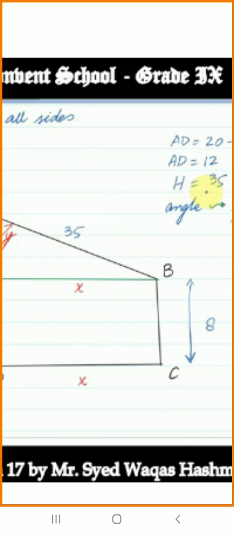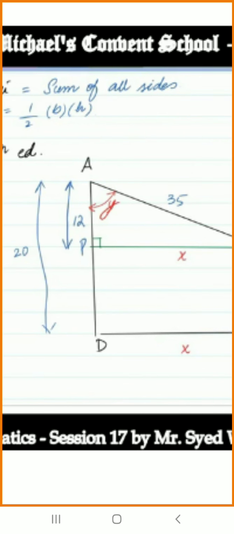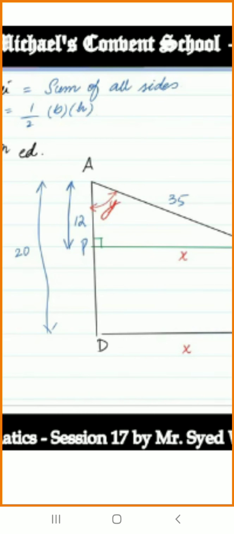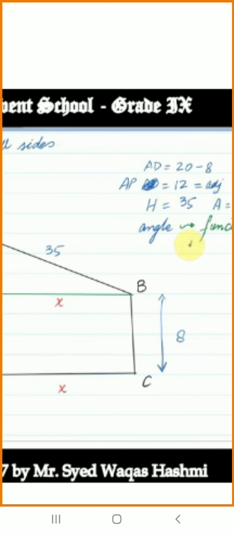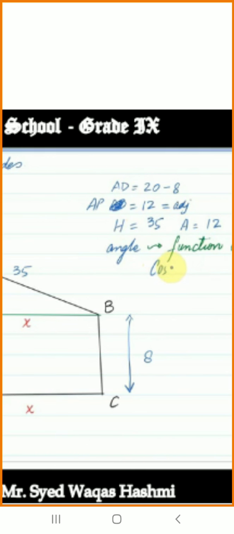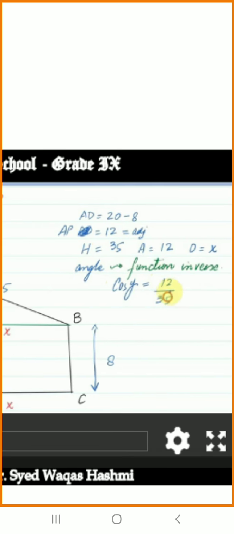Let's suppose this point is P, so this value is AP. Now 12 is my adjacent and 35 is my hypotenuse. Adjacent and hypotenuse come in cos. So it will be cos y, adjacent is 12 and hypotenuse is 35.